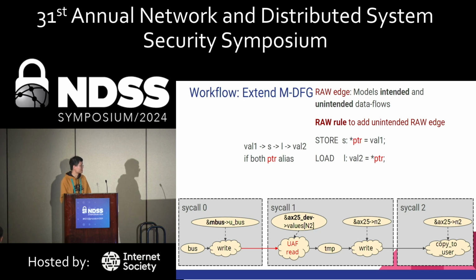Because the two fields from two objects have the same offset, the write and the read operation alias with each other. Therefore, we create this red edge to link them. So this is how we extend intended data flows with unintended data flows.